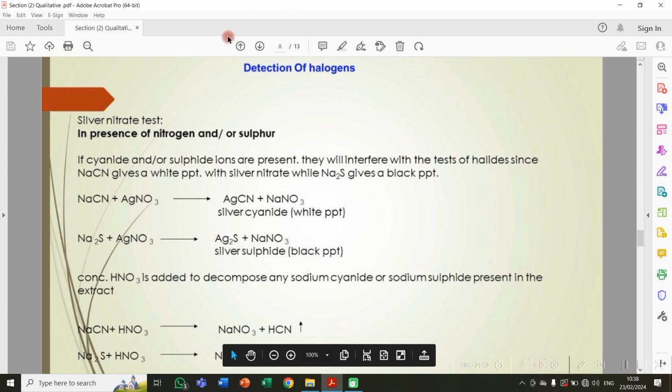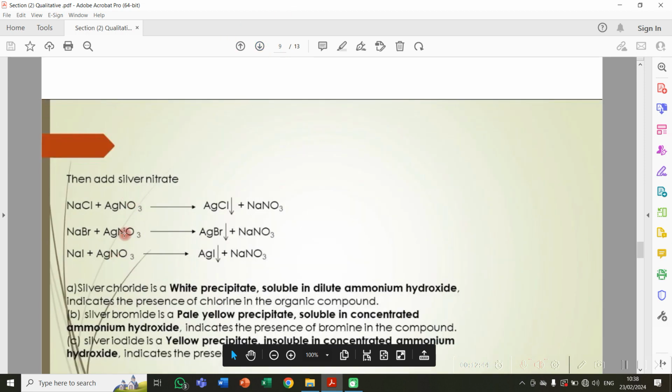After putting conc nitric acid, we will put the silver nitrate in order to get this equation and to see one of these colors. Okay, so this is very important. In case of absence of nitrogen or sulfur, we will put silver nitrate directly. In case of presence of nitrogen and or sulfur, first of all, we should put the conc nitric acid to get rid of all sodium cyanide or all sodium sulfide in form of gas.